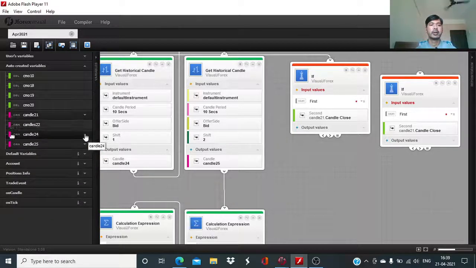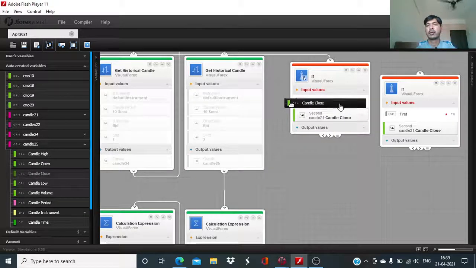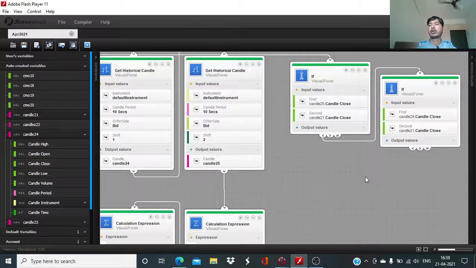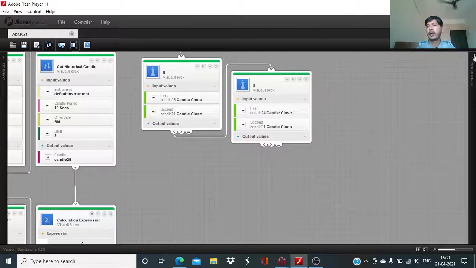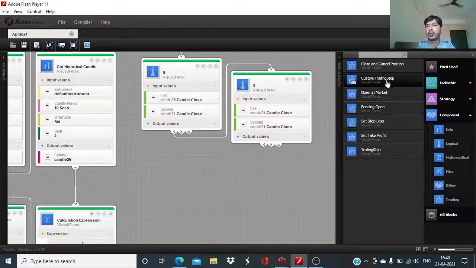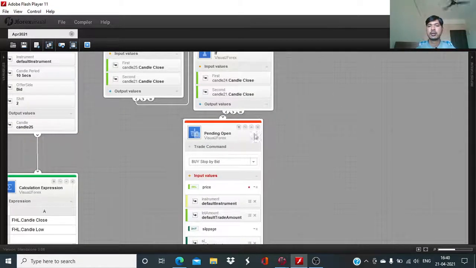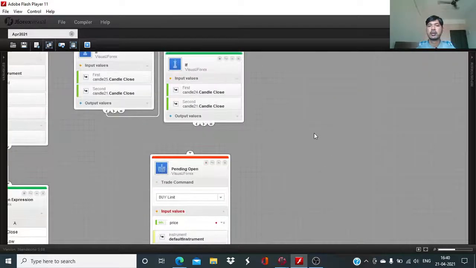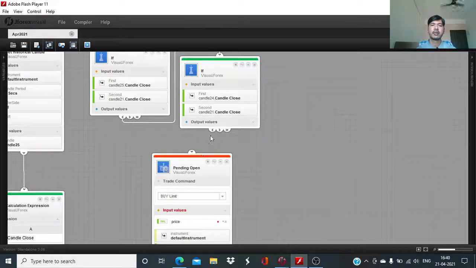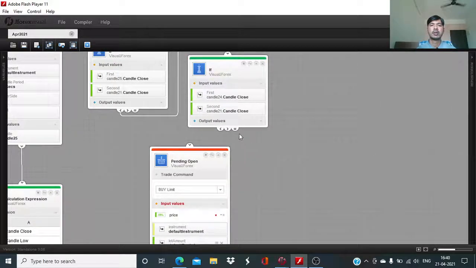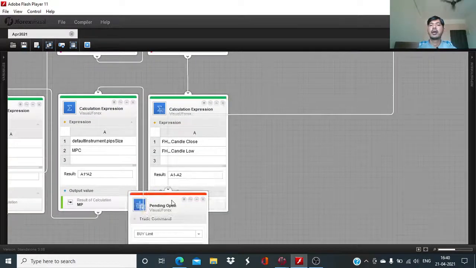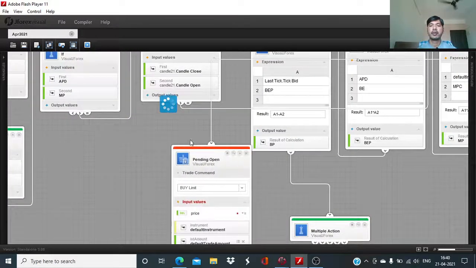So here in this case, first input less than second input, and then first input greater than second input, and after that we will take the trading block pending open by limit, first input greater than second input, and its point of entry is defined here.